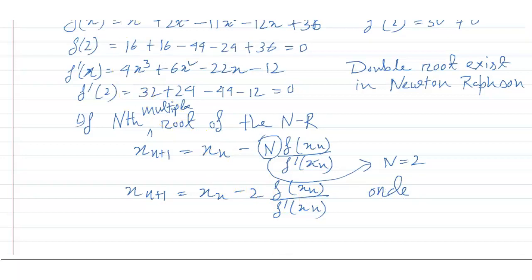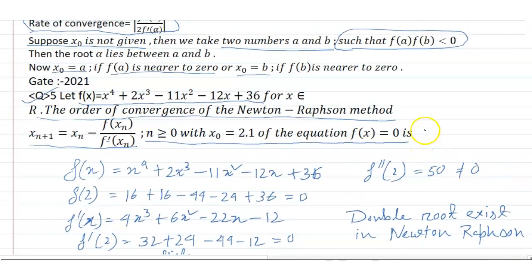But here you see that multiplicity is 1. So my order of convergence is 1. So my answer is 1.